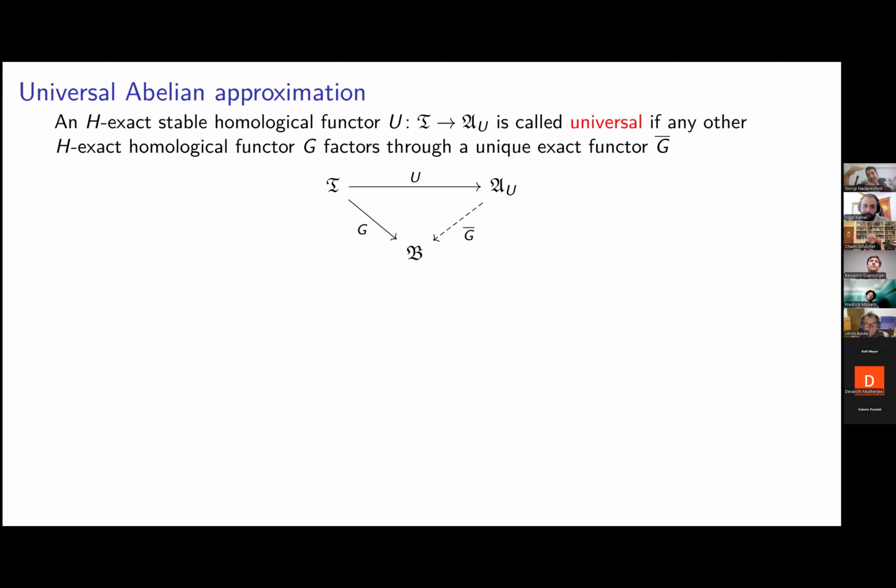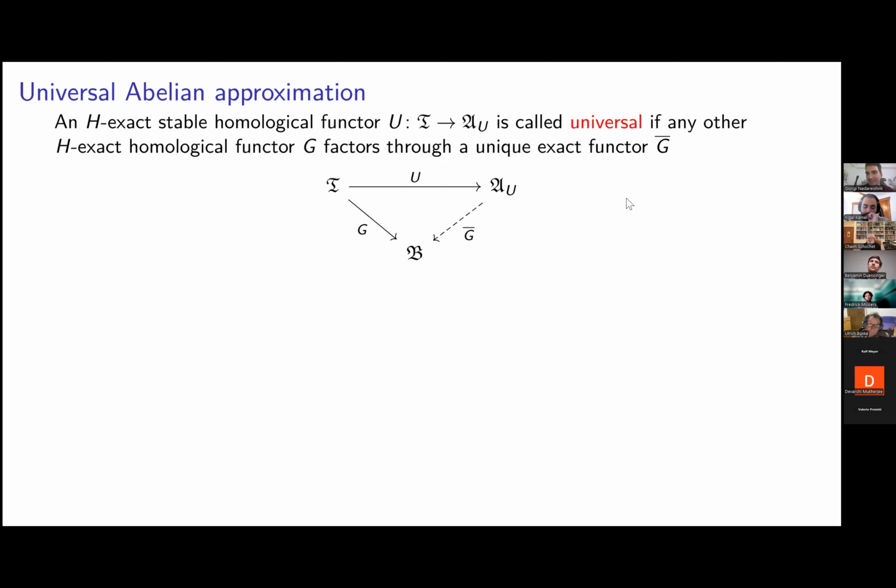So there might be many different functors that induce the same homology theory, same projective objects, same derived functors, everything on T. But it turns out there's a universal one amongst these. So if you fix your H, that means you fixed the kernel of your functor, then there's a universal functor, I will call this U, among all the functors that induce the same H-homology here.